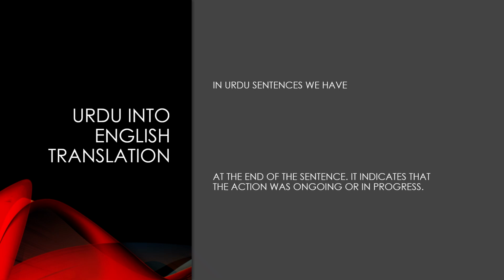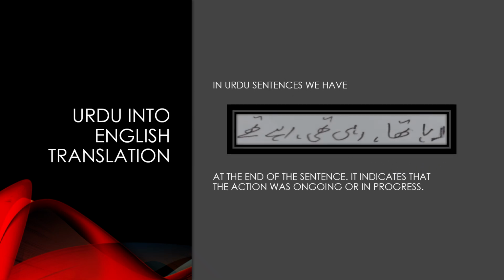Students, you have just revised the affirmative, negative, and interrogative sentence structure for past continuous tense. We are going to use them to translate Urdu sentences into English correctly. The Urdu sentences have raha tha, rahi thi, rahe the at the end of the sentence.